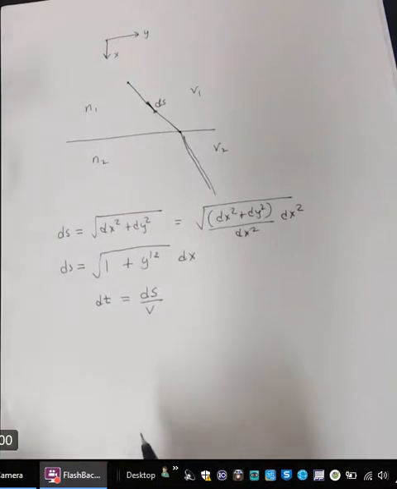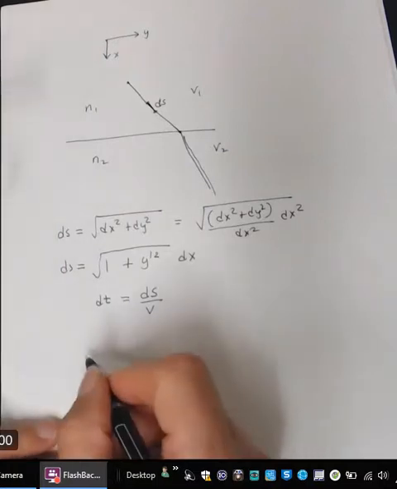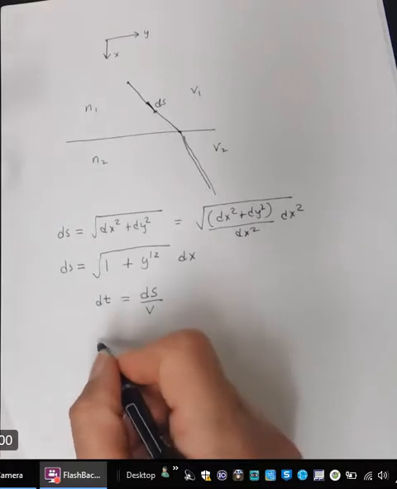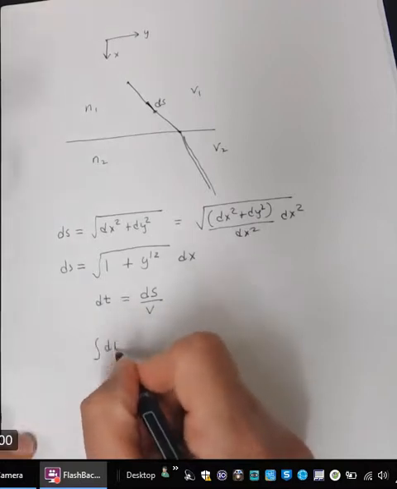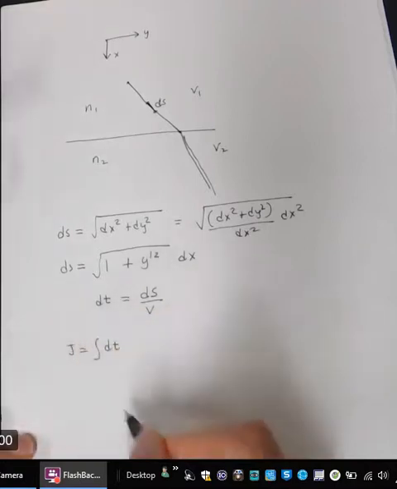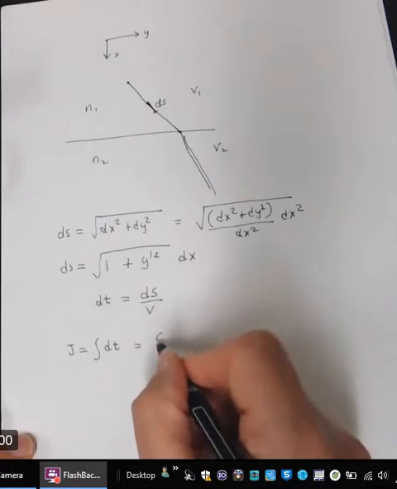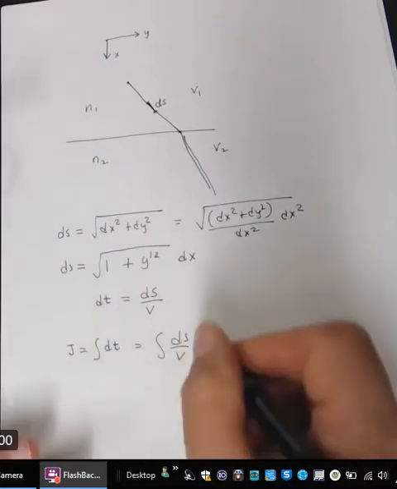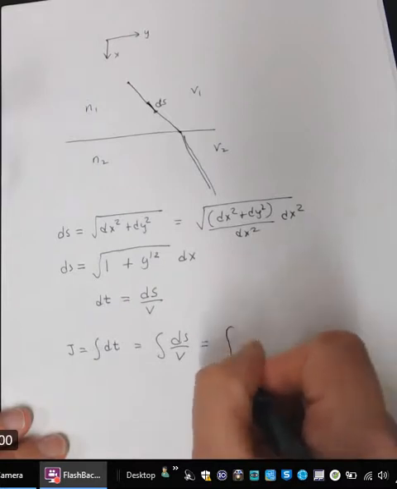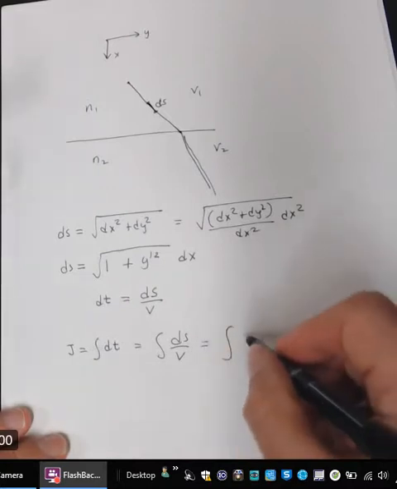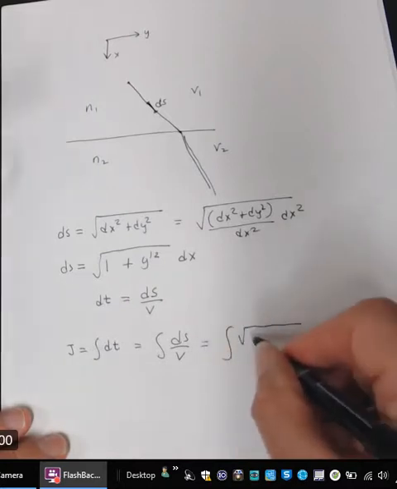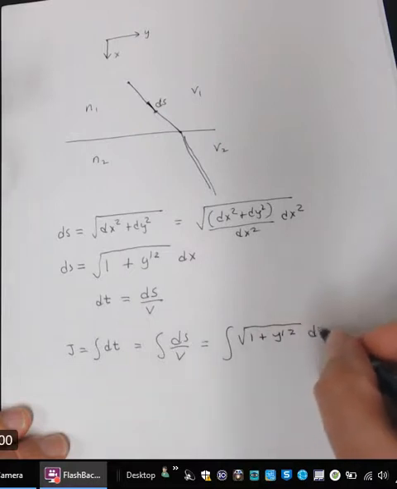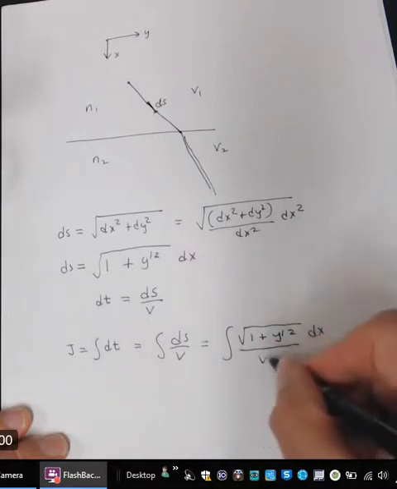Now, Euler's equation, what we're trying to minimize then, this is J, minimize the time. So we get the square root of... So here's what we're going to do.